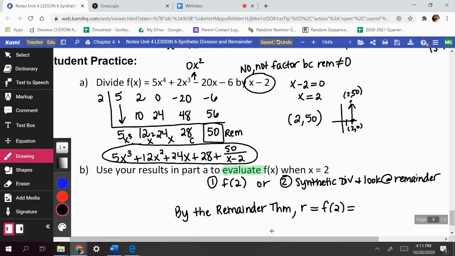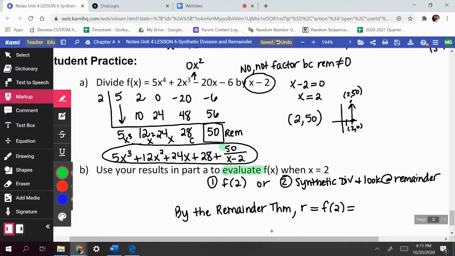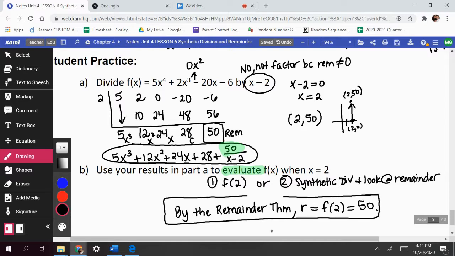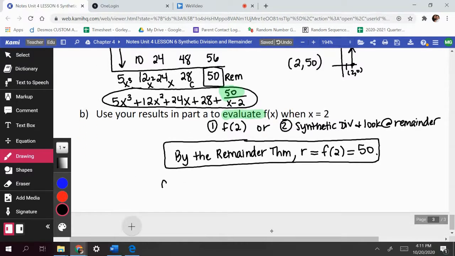Okay, so because my remainder up here was 50, f of 2 should also equal 50. And there are some questions you'll have to answer like this, where you're going to have to explain that you're using the remainder theorem.